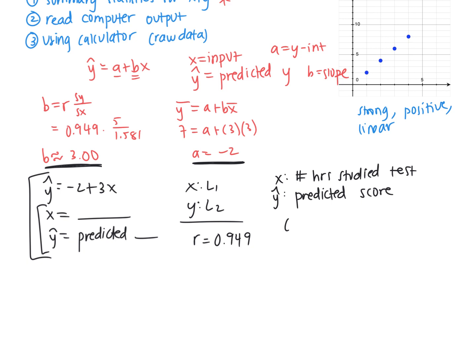So for example, the point (1, 2): a student that studied for 1 hour scored 2 points on the test. So remember, this is X and Y. Y hat represents when we used the equation. So Y is the actual score, whereas Y hat is just a prediction.